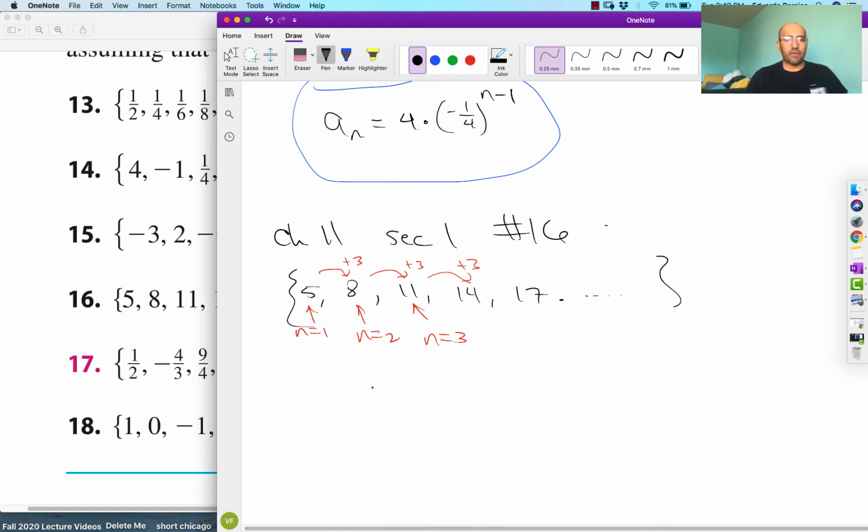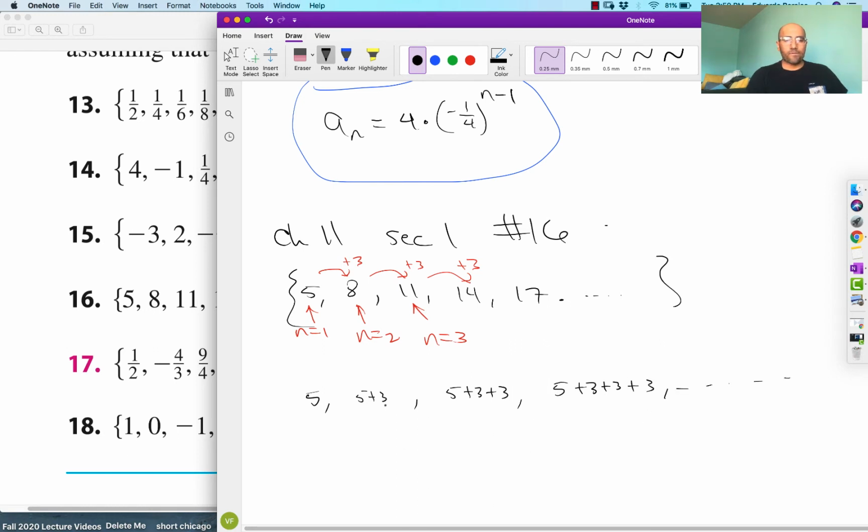The 8 can be thought of as 5 plus 3. And the 11 can be thought of as 5 plus 3 plus 3. Right? It's like 5, and then it's 5 plus 3, and then it's 5 plus 3 plus 3. And then the one after that would be 5 plus 3 plus 3 plus 3, and then dot, dot, dot.